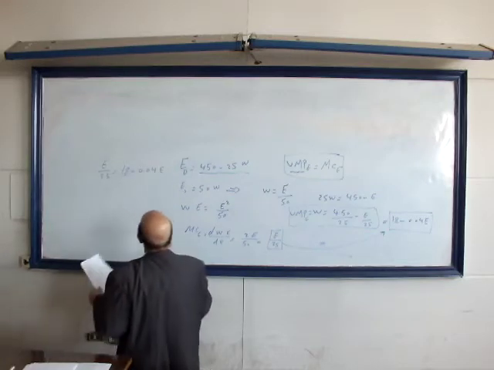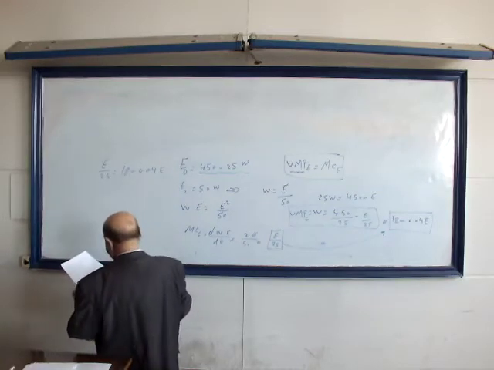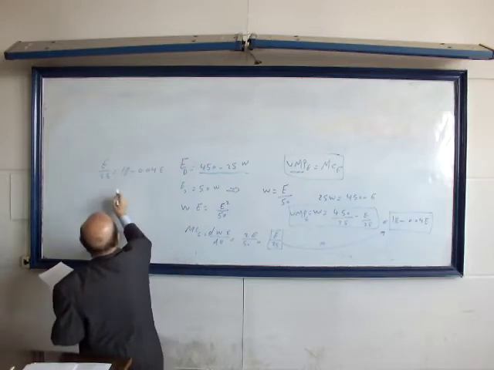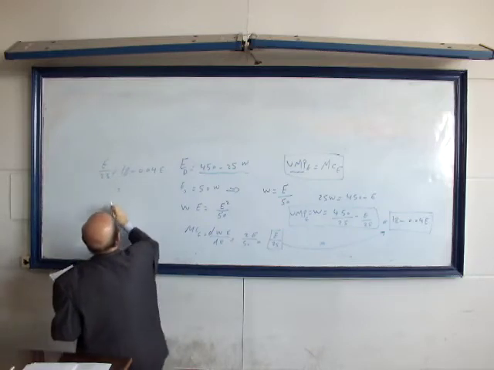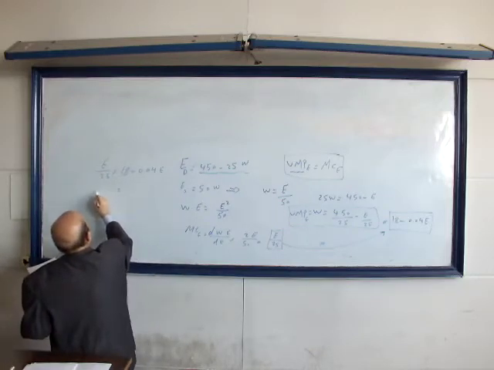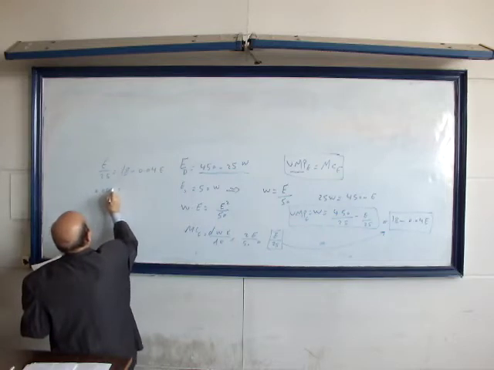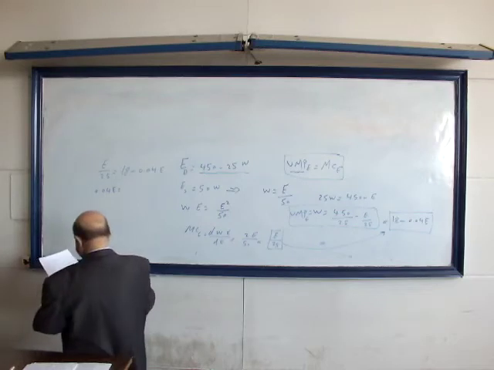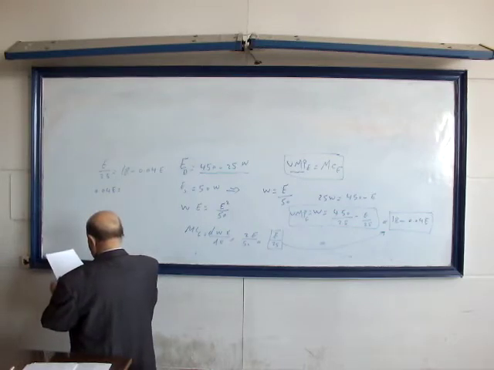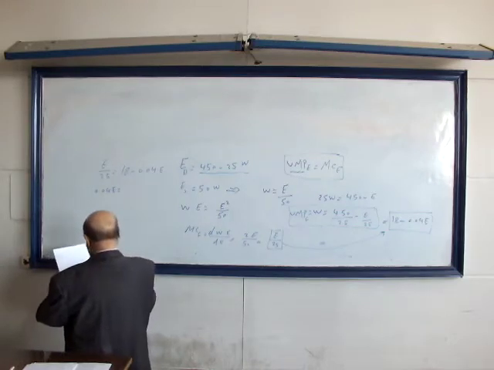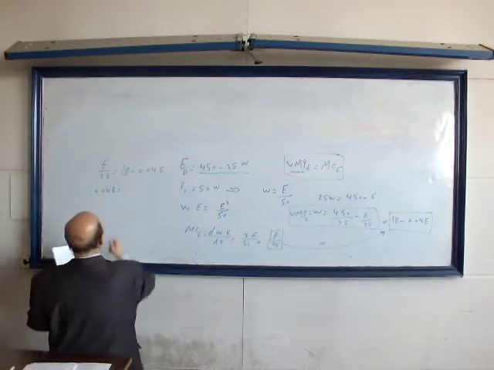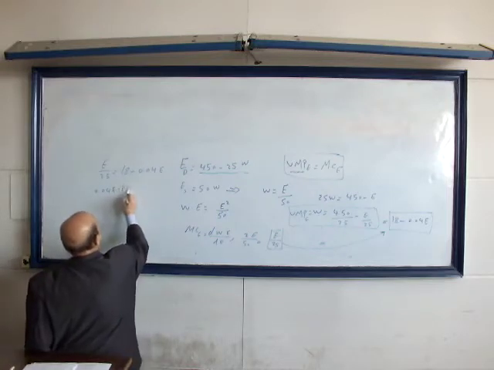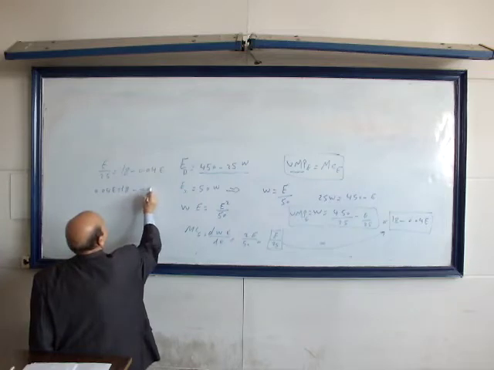You solve this equation. E over 25 means 0.04E. So 0.04E should equal 18 minus 0.04E.